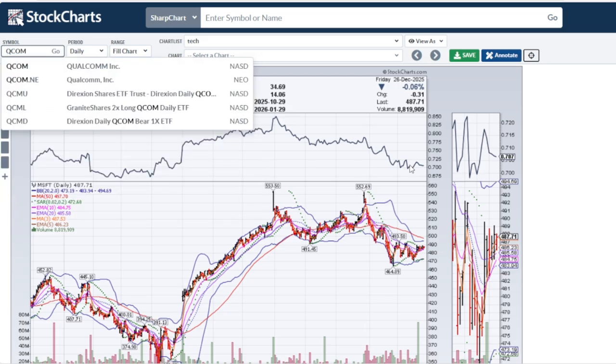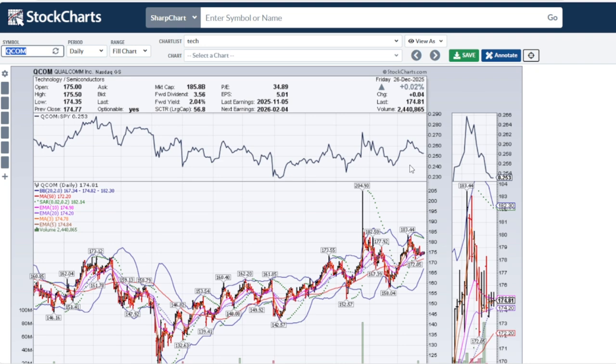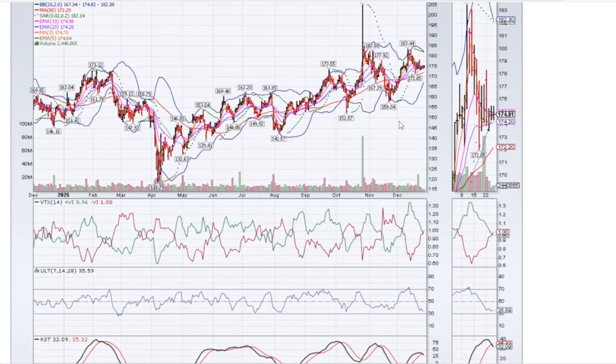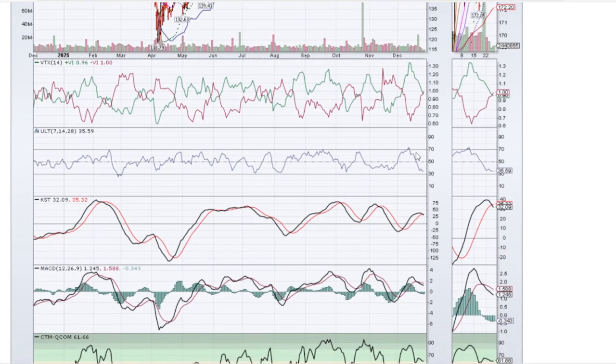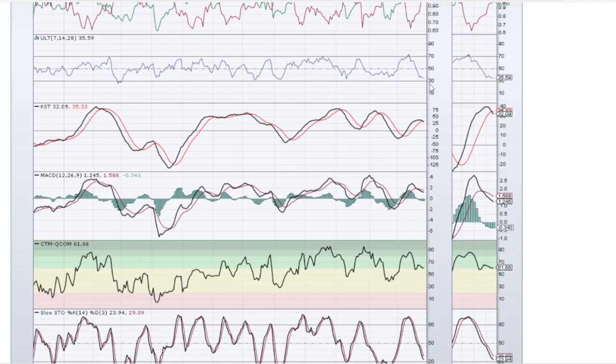So let's kind of focus on that sector, and let's take a look at Qualcomm. Qualcomm is above its 50-day moving average, even though it has the parabolic SAR in a bearish trend. It is above its 50-day moving average. Its volatility is kind of low.